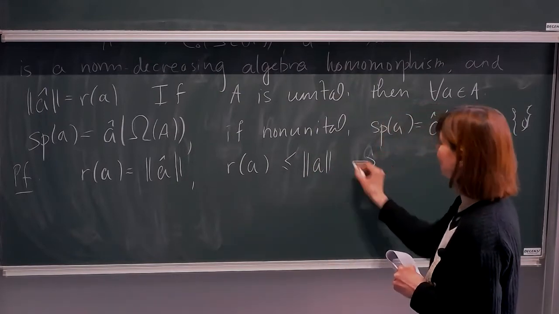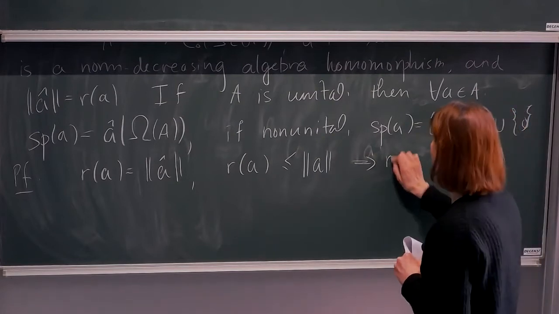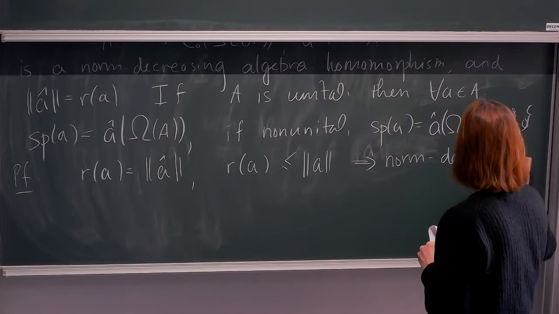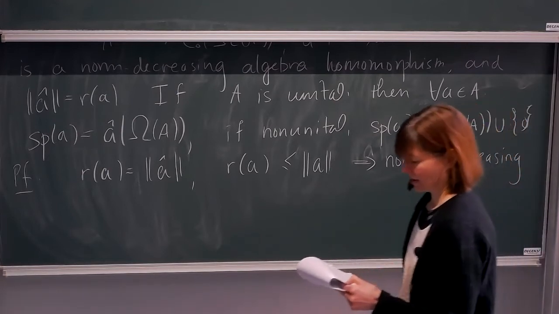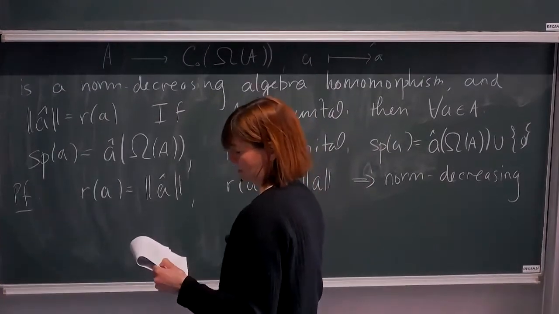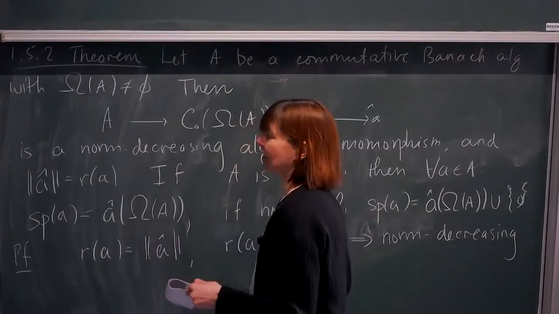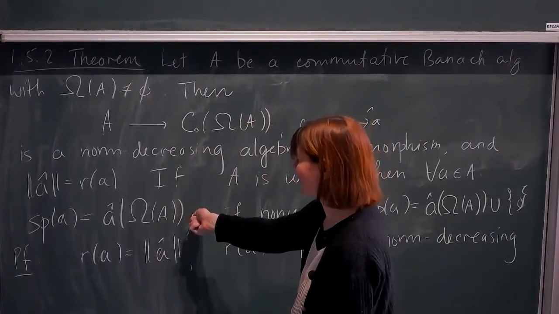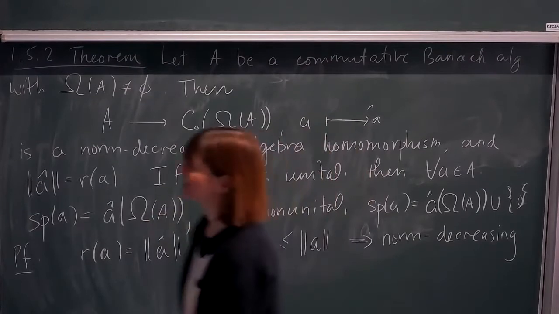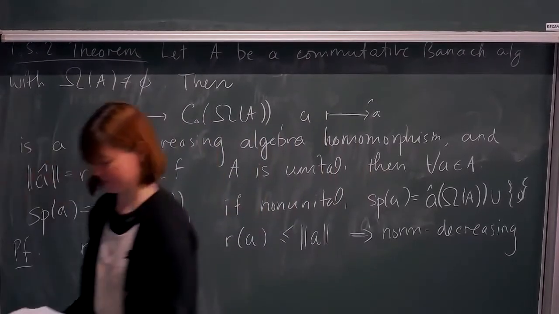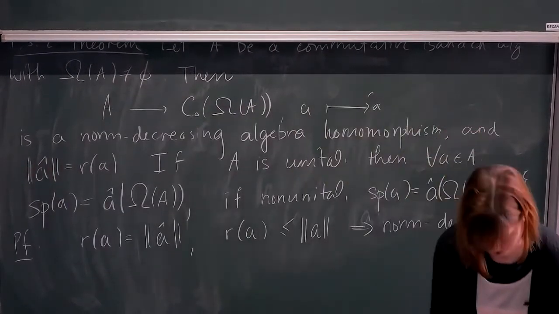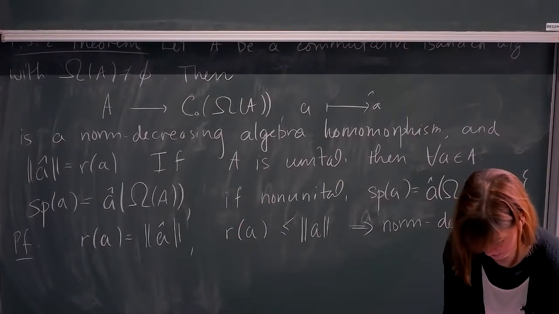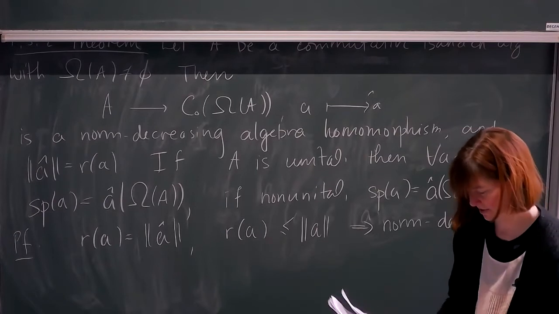So this implies that indeed this map is norm decreasing. And it's easy to check that it's also an algebra homomorphism. And that the spectrum of a is just the image of a hat is exactly the theorem we saw earlier. And again, the non-unital case was a corollary. So that is that.